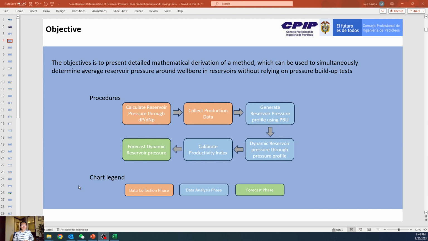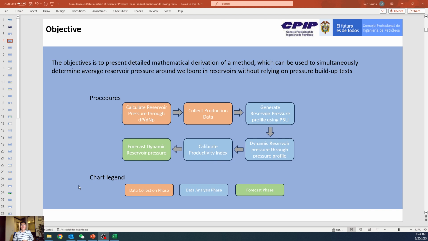Procedures. First, calculate reservoir pressure through the pressure divided by the cumulative fluid, that is cumulative oil and cumulative water. Second, collect production data. This includes the oil and water production, and pressure.